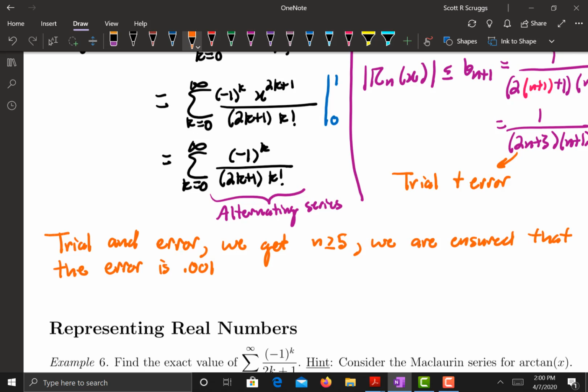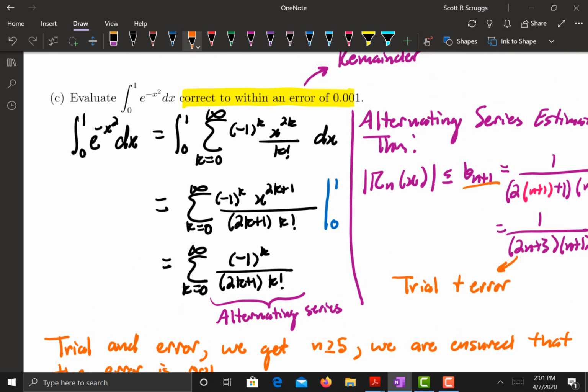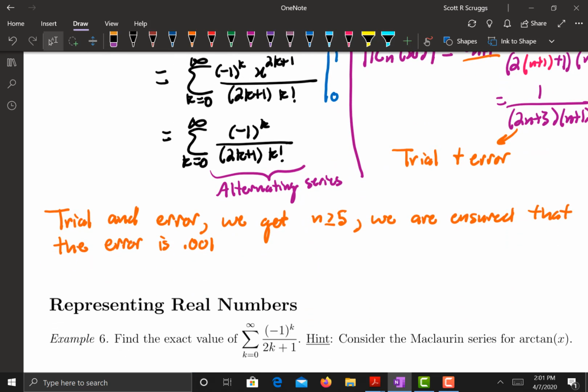And the reason why I say greater than or equal to 5 is that at the 6th partial sum, or the 6th term, I better get something less than 0.001, which means it will be at 5.